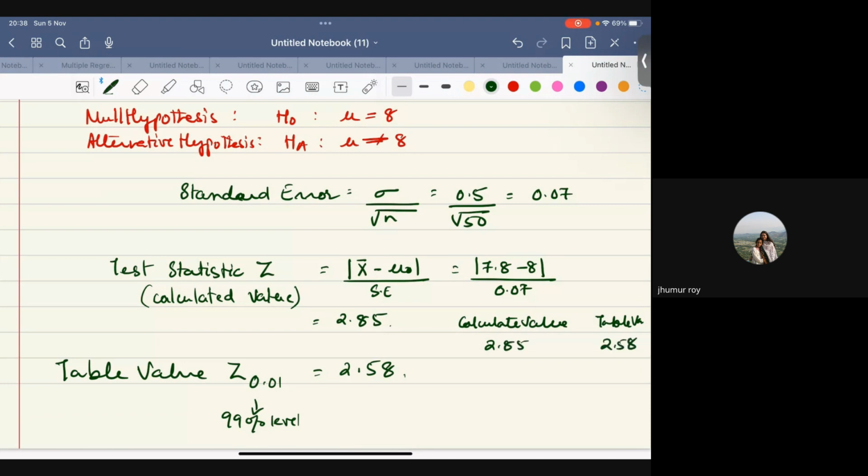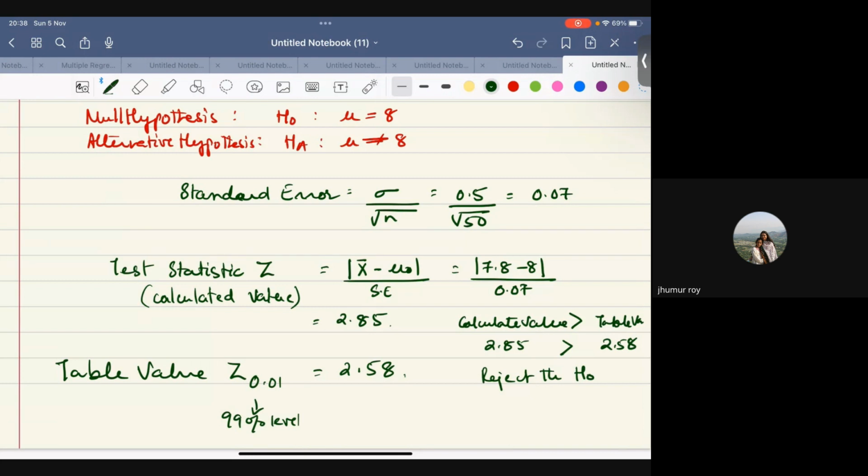Which is greater? Calculated value is greater than the table value. That means we will reject the null hypothesis. Okay, so what are we going to say? That that person's claim that it is 8 is wrong. It is not 8. It is less than 8.